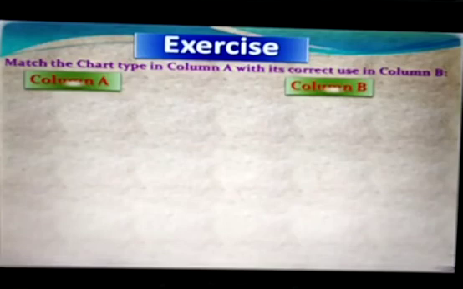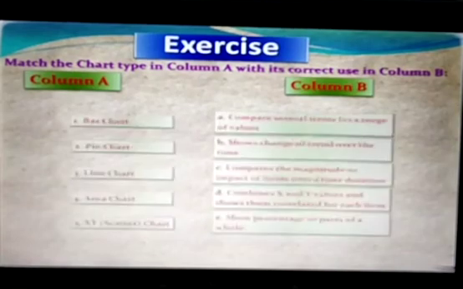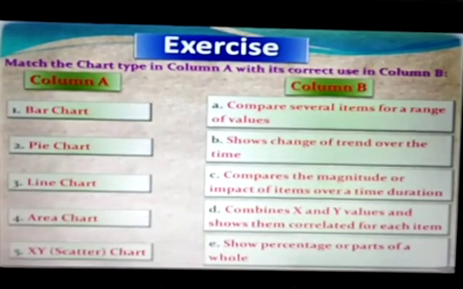Now next, move to match the chart type in column A with correct use in column B. Here are your options: bar chart, pie chart, line chart, area chart, and XY chart. In column B, the options are given there. First of all, bar chart compares several items for a range of values.